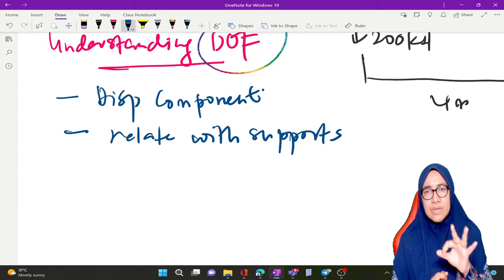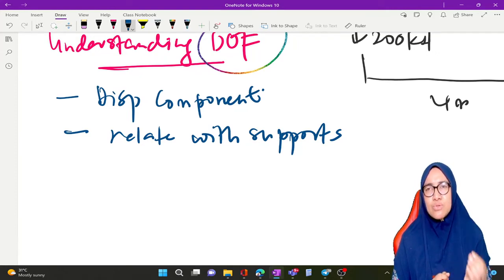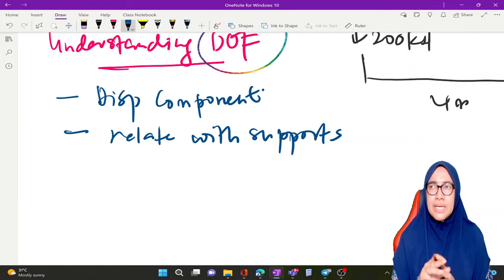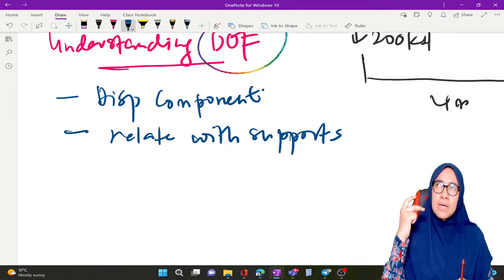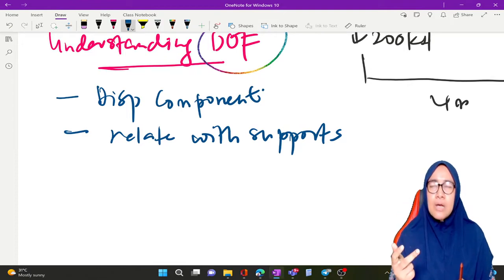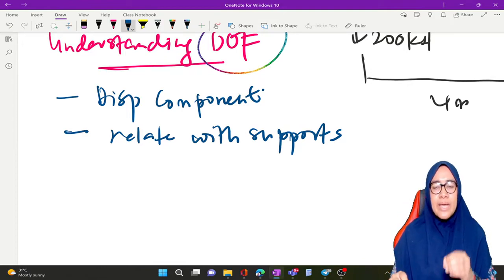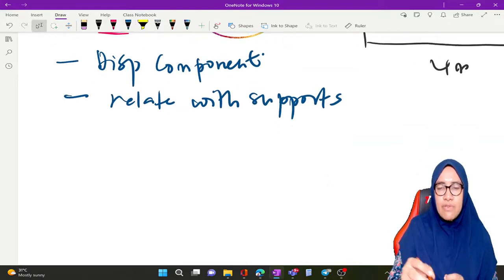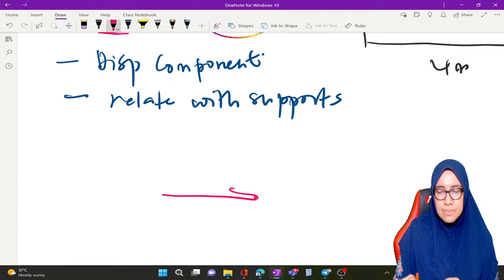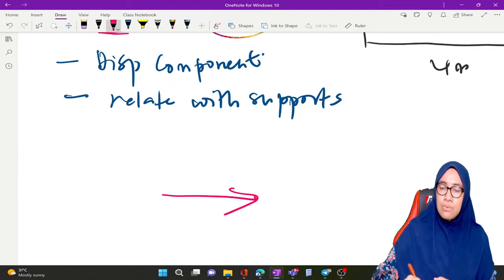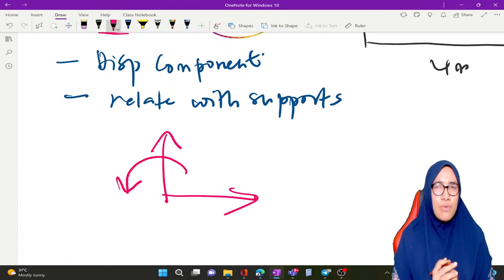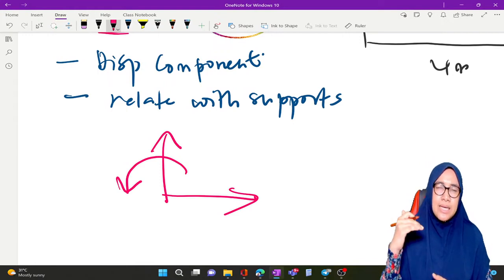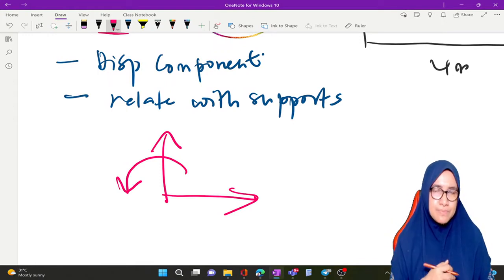These three directions also refer to displacement components: in X direction, in Y direction, and moment in Z direction, which is rotational displacement. Displacement component here refers to X component, Y component, and Z component. This is degree of freedom.